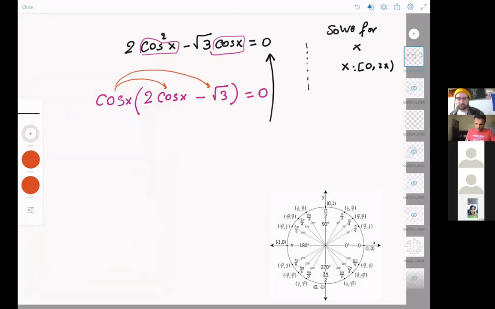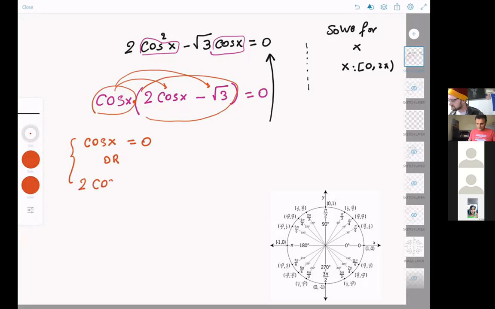Now we're going to go to the factoring properties. This multiplied by that gives us 0. What does it mean? It means cosine of x should be 0, or 2 cosine of x minus radical 3 equal to 0.